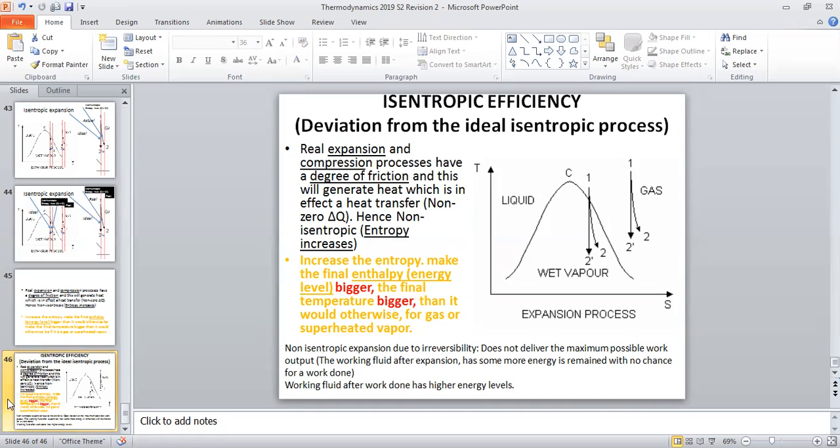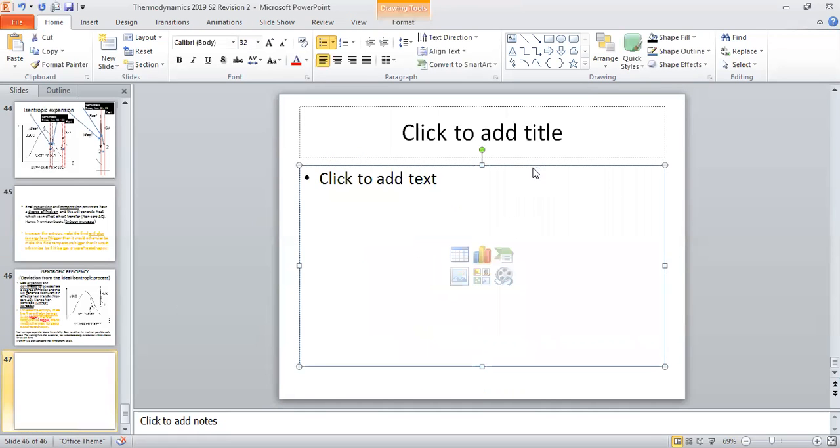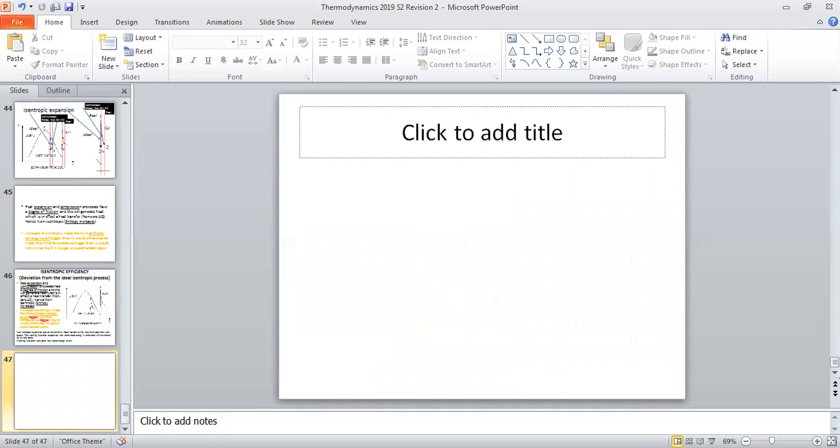Let me do one more. For compression, what happens?